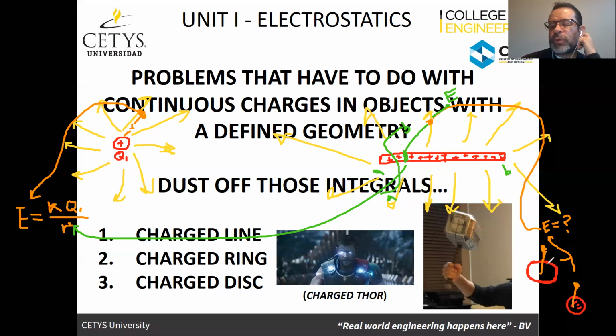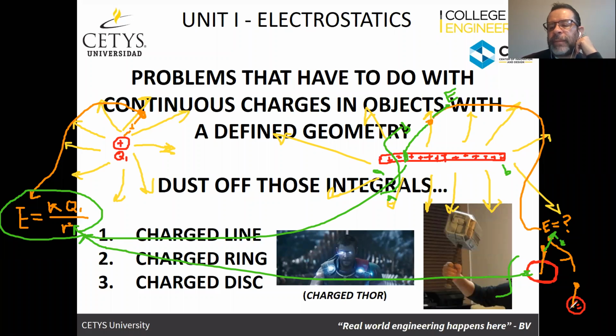The same thing happens with the ring. I can take a very small portion of the ring and say that it's equivalent to a point charge. Then I'm just going to add all of these along the length of the ring, and I can find the contributions to the electrical field at a certain point.